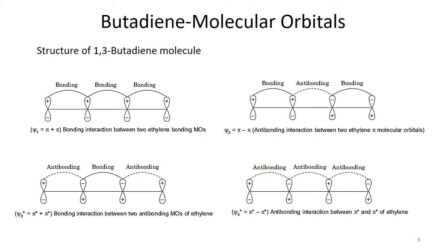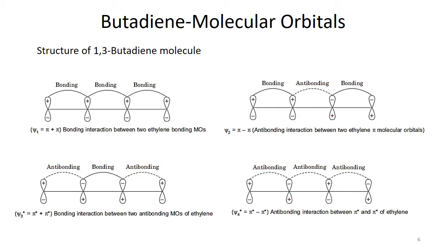There is a bonding interaction between C2 and C3, and there are two anti-bonding interactions, one between C1 and C2, and the other between C3 and C4. So this is an anti-bonding orbital, because one bonding minus two anti-bonding goes to one anti-bonding, having two nodes. The energy of psi 3 star is more than that of psi 2.